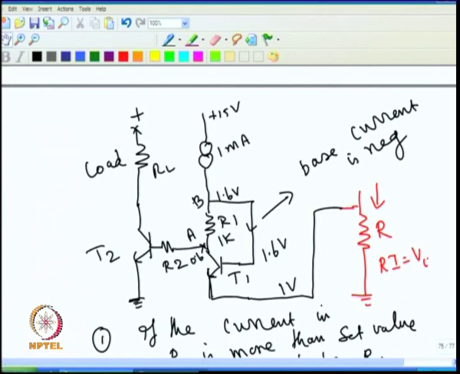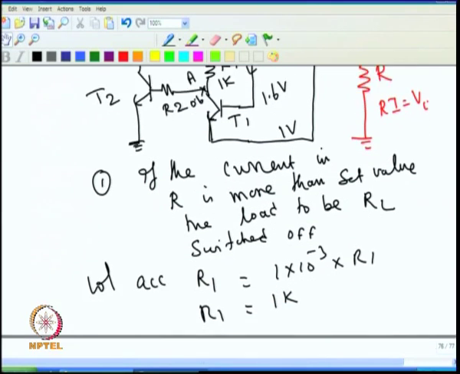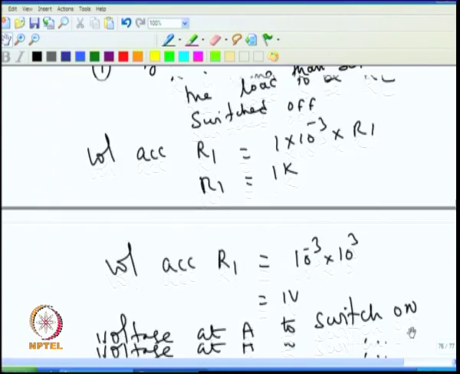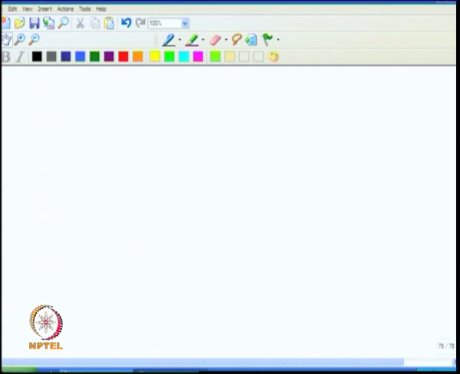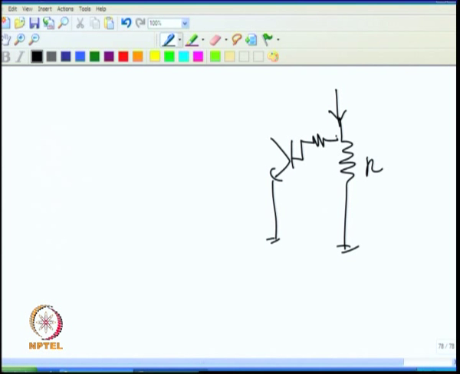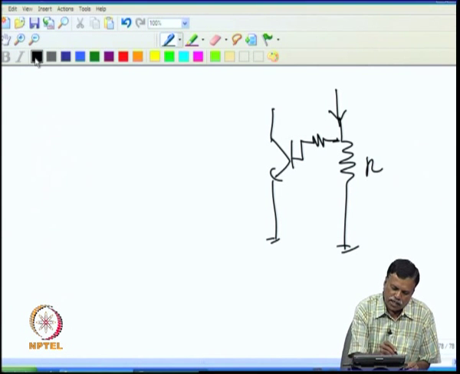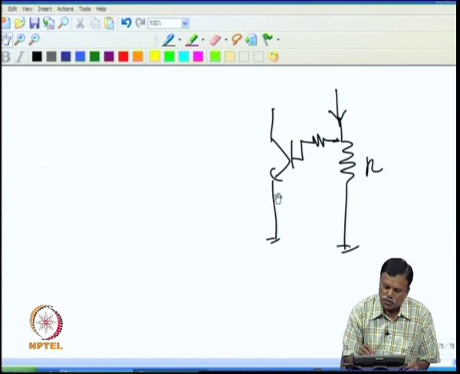So, this is a serious issue, because if I connect R directly to T2, then you do not get that benefit. For example, if I connect like this, so you have a resistance here and this is R, and if the current is flowing through this, and I connect the transistor directly here to switch on. Now, at room temperature, the voltage difference required is 0.6 volt.